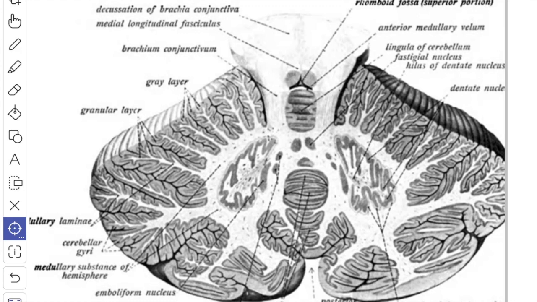Each folium consists of a slender branched lamina of central core of white matter covered by a thin layer of grey matter. The central core of white matter is arranged in the form of a branching pattern of a tree, and it is called the arbor vitae cerebelli.